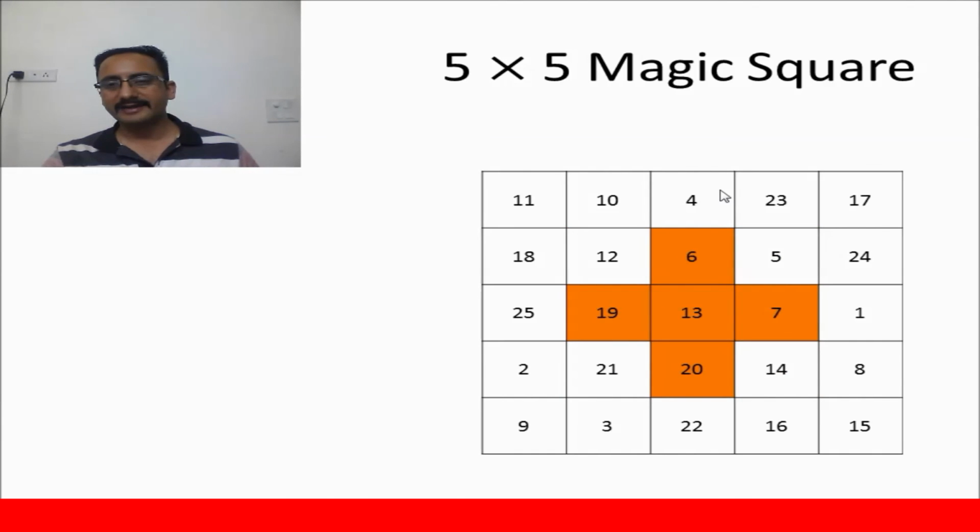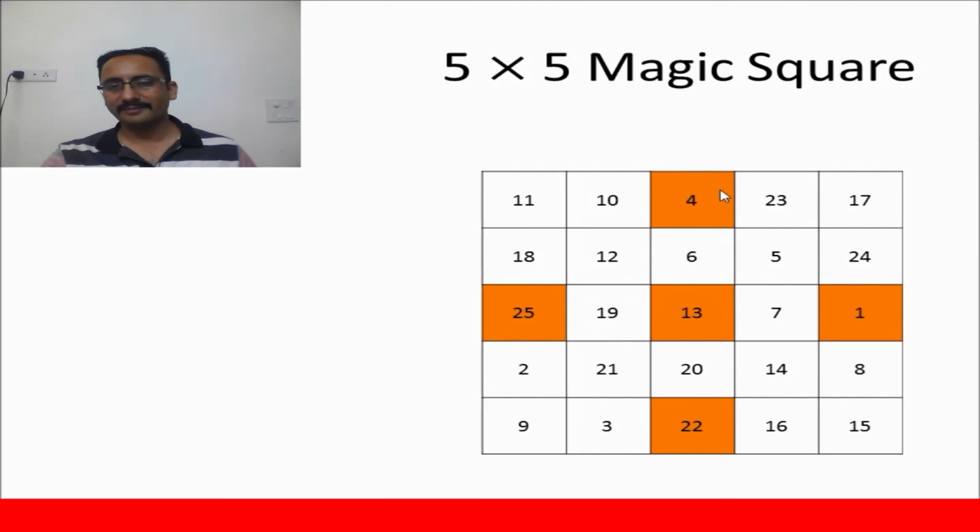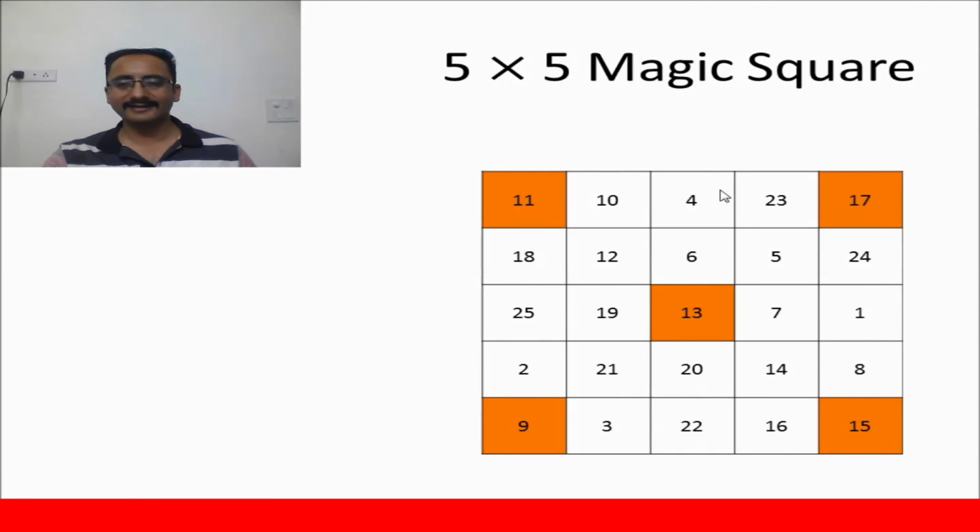Using the immediate right hand column, left hand column, upward and downward of the centermost grid, the sum is 65 in this case also. Sum 65, amazing. Sum 65, great. 17 plus 13, 30, 30 plus 15, 45, plus 11, 56 and 9, 65. Great.